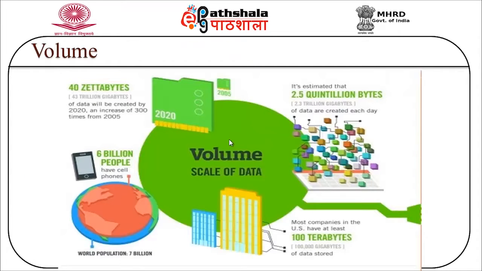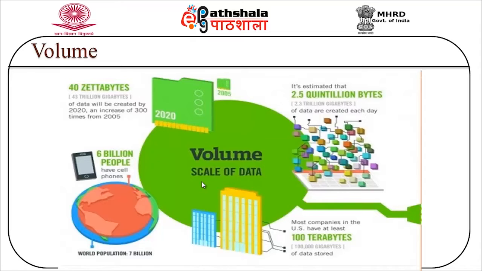If you look at the volume of big data, from this figure we can see the scale of data that we receive. In 2020, about 40 zettabytes of data, that is 43 trillion gigabytes, will be created, an increase of about 300 times the data from 2005. About 6 billion people will have their own cell phones, since the world population may come to about 7 billion.